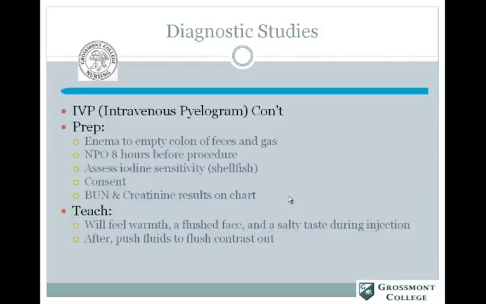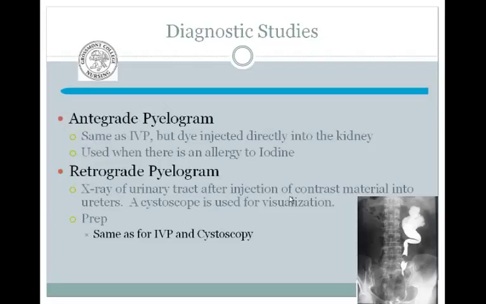So it's a good thing to teach them that, because otherwise, if you push something and then all of a sudden they get really hot, they're going to freak out that they're getting an adverse reaction. So always warn somebody when you know that there's a side effect that they're going to receive. And then afterwards, we want to push fluids to help flush that contrast out. We want to get that out of the kidneys so they don't have problems.